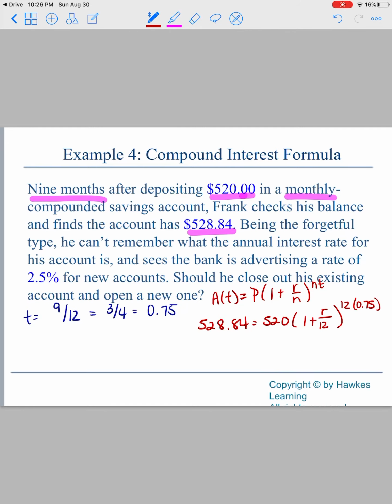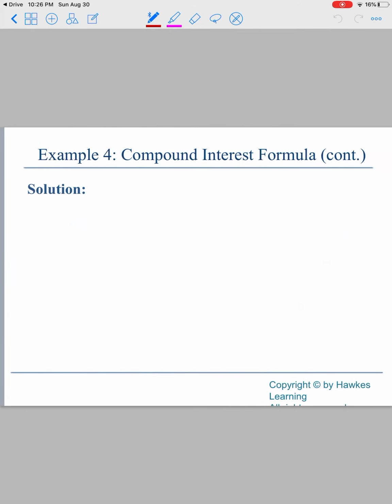That's what we're wanting to do. So to do that, I'm going to get 528.84 equals 520 times (1 plus r over 12), and I'm going to multiply that 0.75 times the 12, which gives me my 9 here.